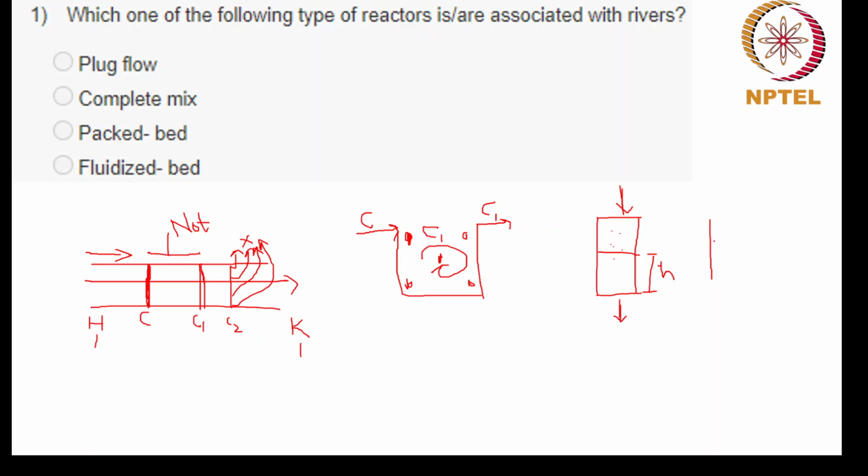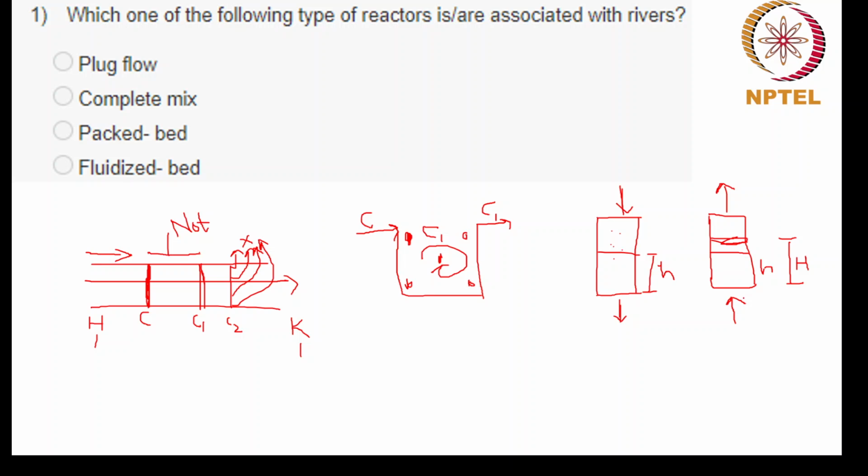This is packed bed. What is fluidized bed? In a fluidized bed, when no water is coming, it is filled till height h. Fluidized beds are mostly in the upward direction. When more water is coming, the height of the sand bed increases to capital H. So here the height of the bed is not constant.